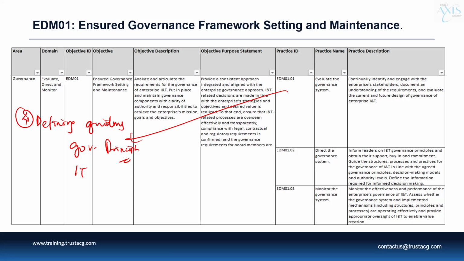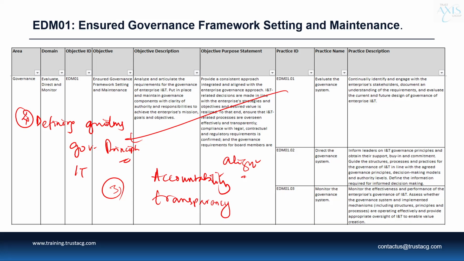Like, say, for an example, how are you going to establish accountability for actions as well as inactions? How do you ensure there is transparency in your decision making? And how do you align the IT related investments and outcomes with ensuring enterprise related value is generated? Okay. So these guiding governance principles must also be defined. These are the foundational principles that you must define, and that would also allow you to improve your maturity to a level of 3. Okay.